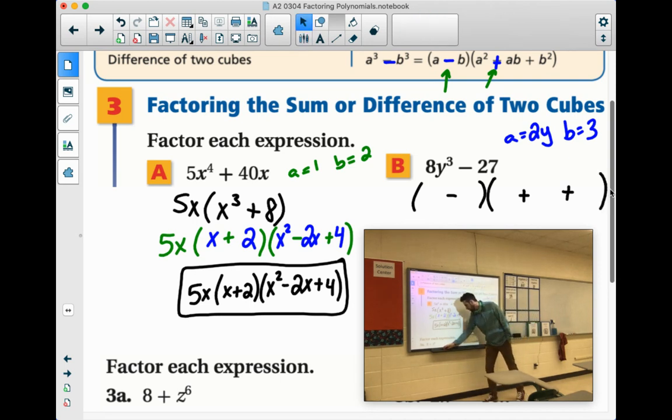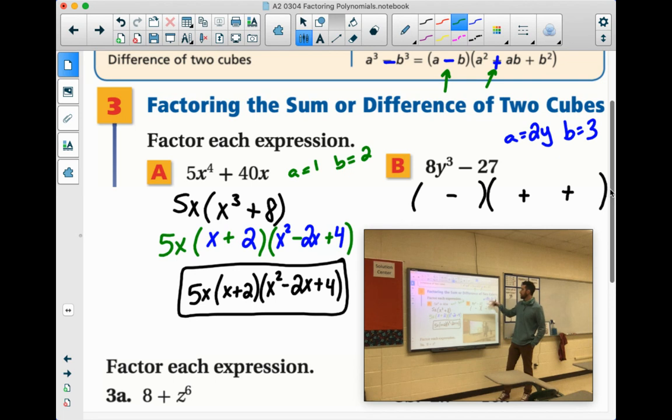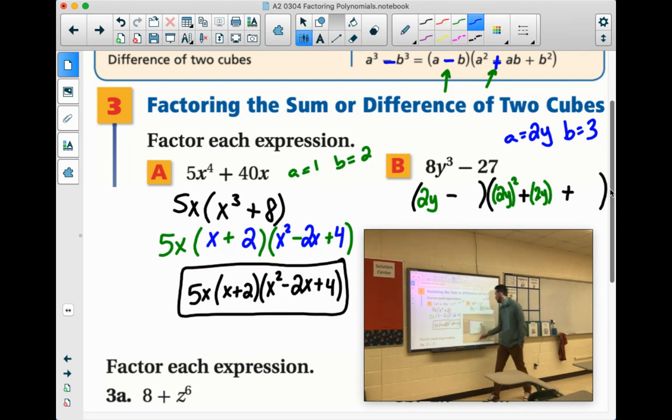So let's sub in our stuff here. The A's are going to be 2y. Here we'll have a squared, and we'll have ab, and then we'll drop in all of our b's, which are 3.